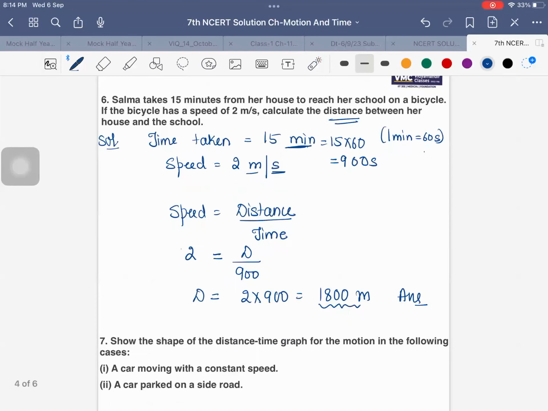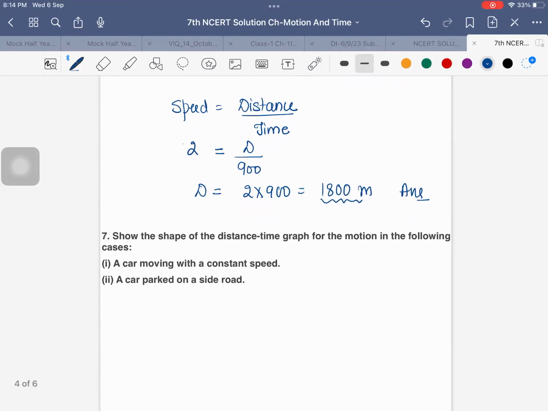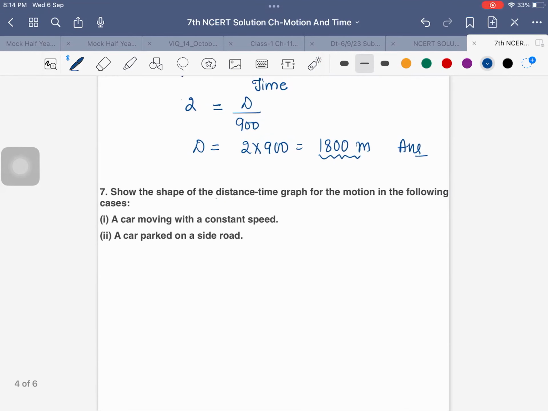Next one. Show the shape of a distance time graph for the motion in the following case: a car moving with a constant speed and a car parked on a side road. In the first case, first let me draw two axes.